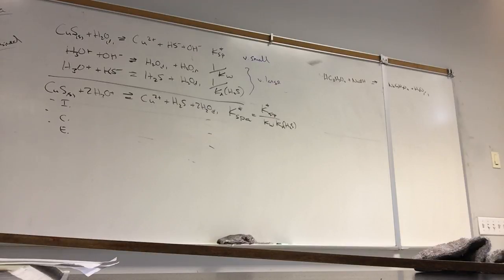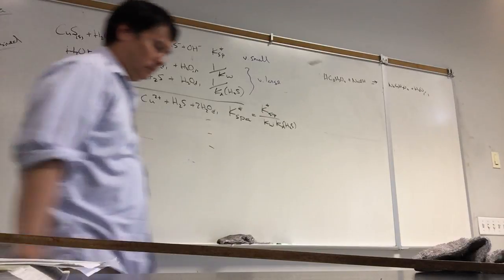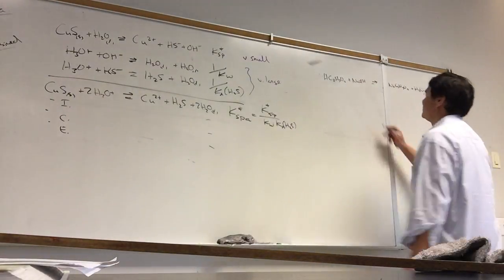What is this equation called? This is K. This is Kb. So we call this K.